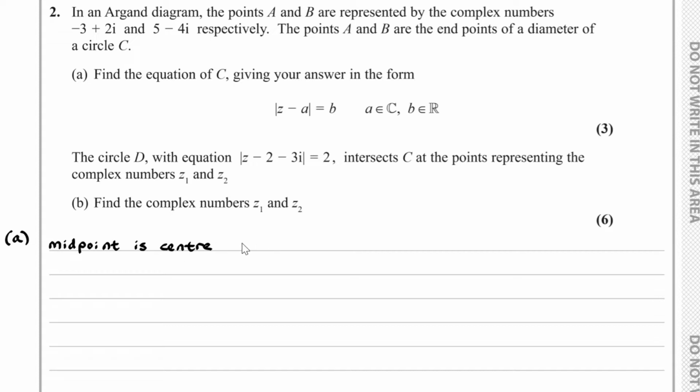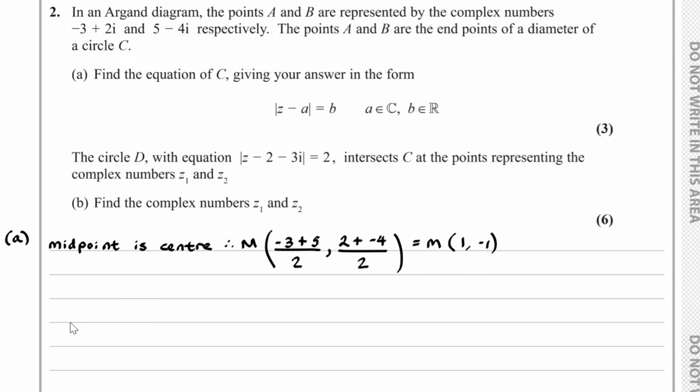The midpoint is the center, so the midpoint has coordinates (-3 plus 5) over 2 and (2 plus -4) over 2. So the midpoint has coordinates (1, -1), and this will be represented by the complex number 1 minus i.